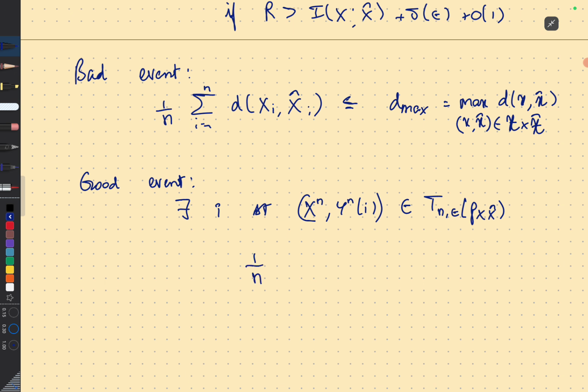In this case, what can you say about 1 by n times this particular quantity?